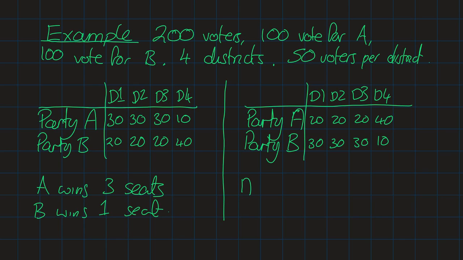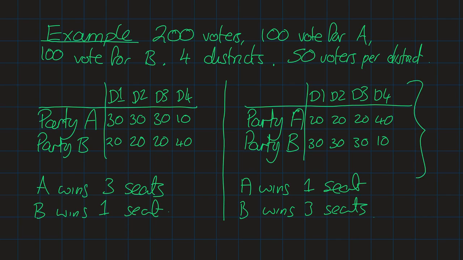So now A just wins 1 seat and B wins 3 seats. Even though they both got 50% of the votes, right? There's 200 voters, 100 of them voted for A, 100 of them voted for B. So they both got 50% of the votes. Depending on how they draw these maps, they could end up winning 75% of the seats.